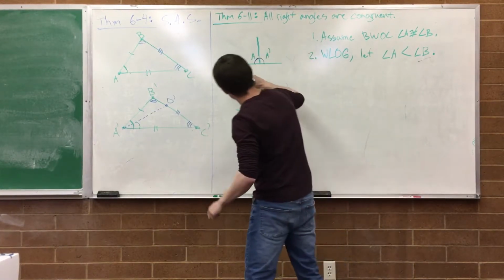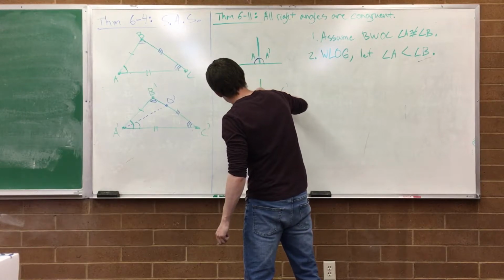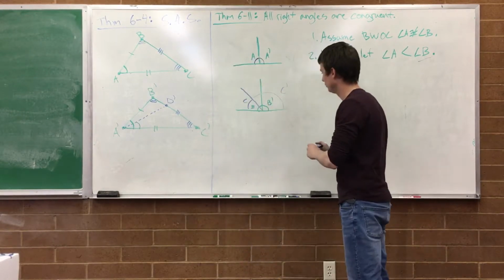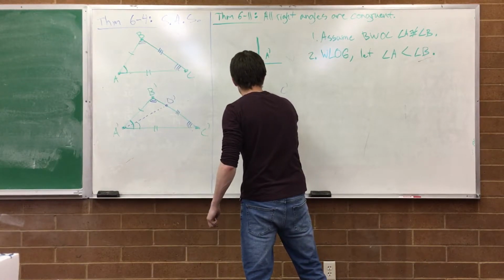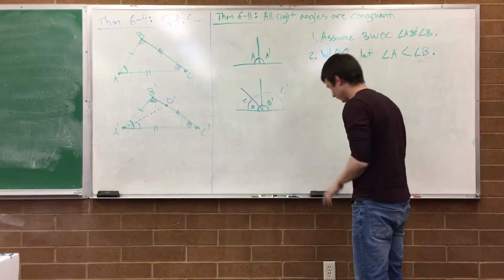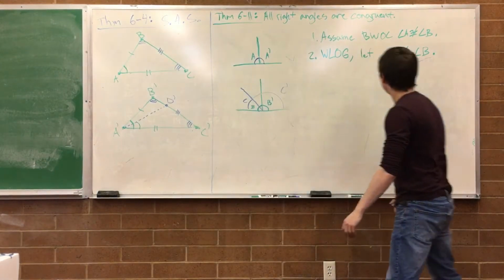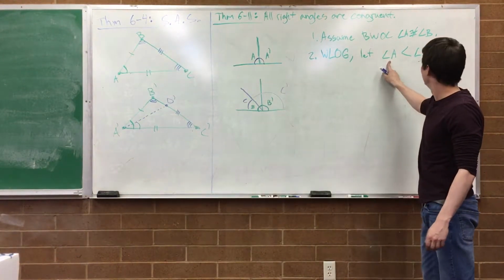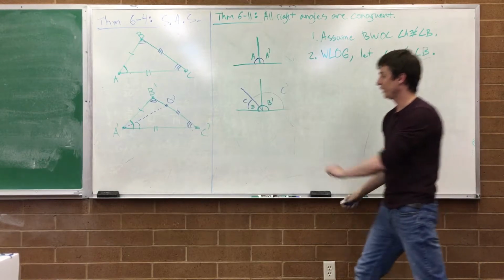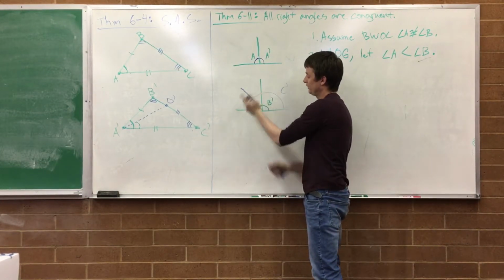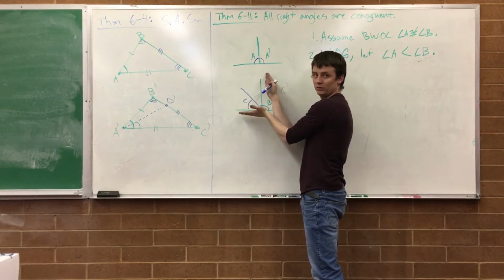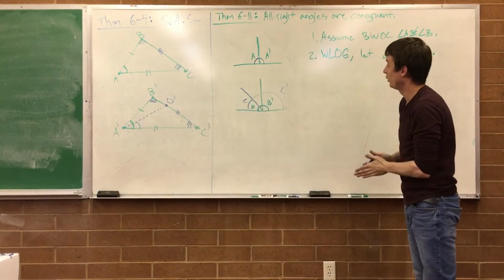Maybe I'll do that one in blue altogether. That way, I think it's more obvious what the green's doing. You see the picture I'm trying to draw? So we're assuming that angle A is less than angle B. Then we have this angle C down here that has one of its sides interior to these 2.